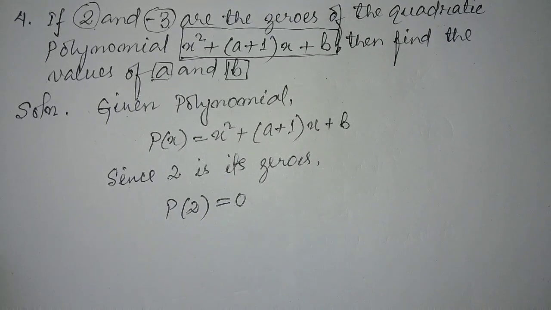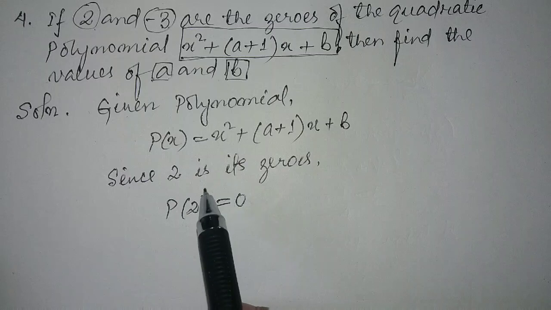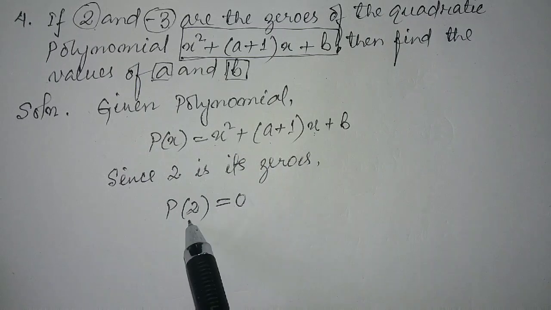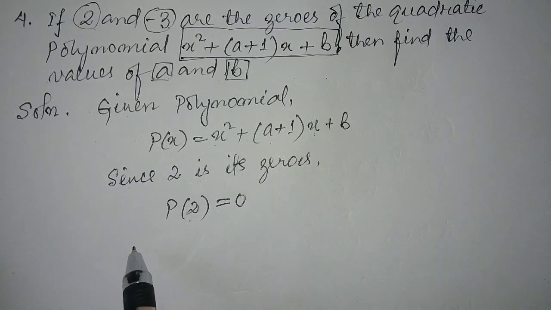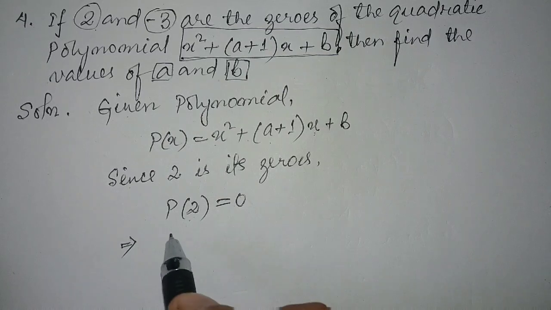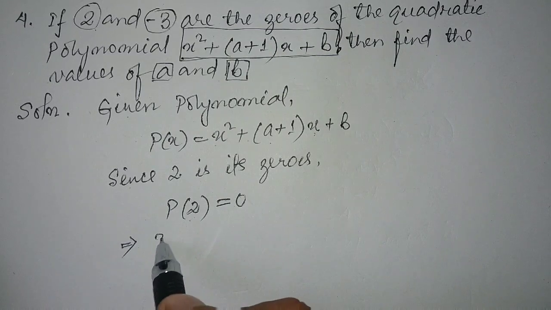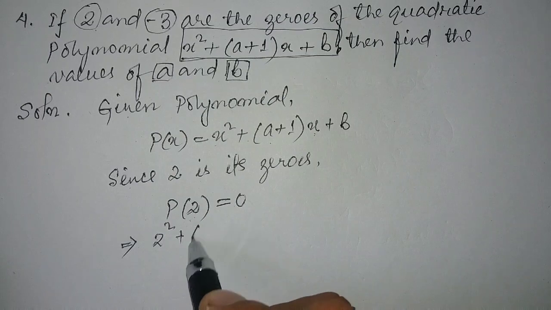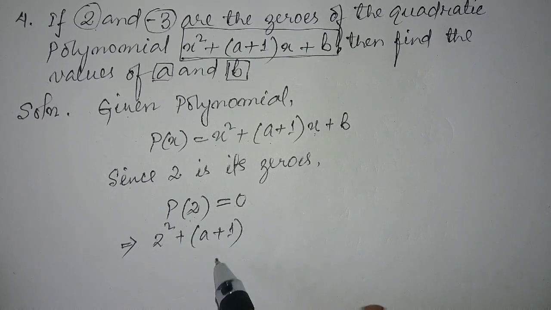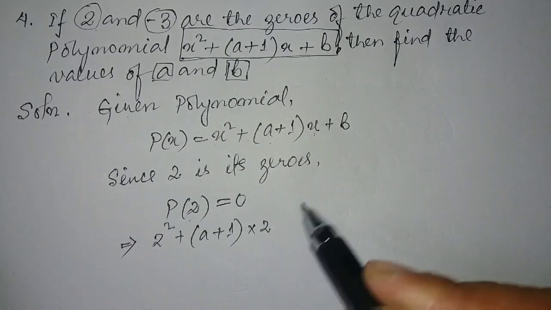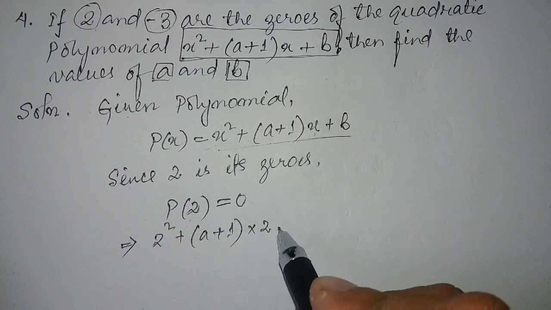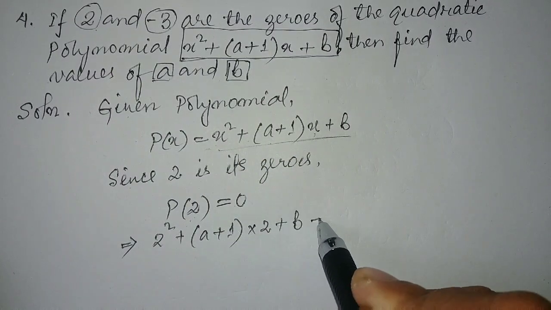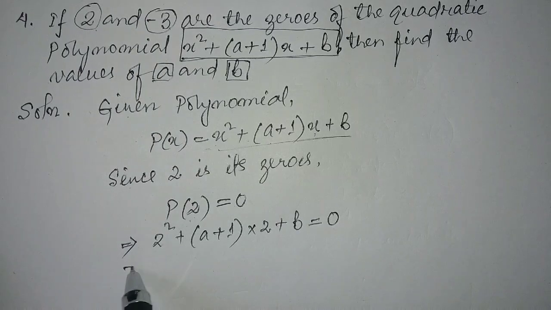Now what we are going to do is substitute, replace x with this 2 here. So this implies 2 square plus (a plus 1) into 2 plus b equal to 0. Now 2 square is 4.